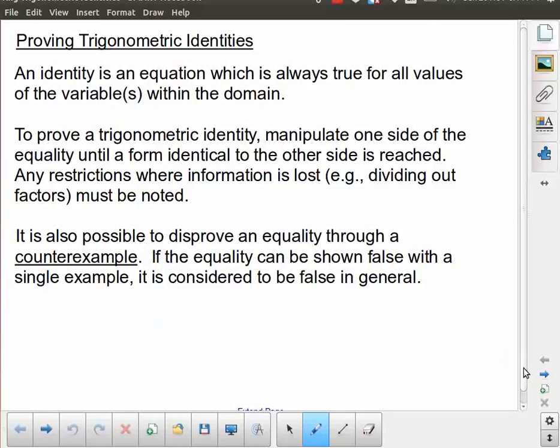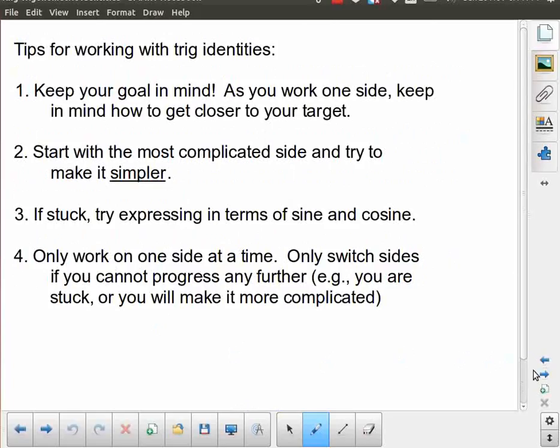So that was just a bit of an aside note. You're probably not going to be asked to do that very often, if at all, but it is something to keep in mind when you're talking about mathematical proofs. So these are just some tips.